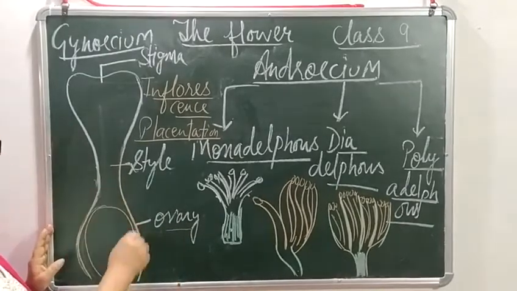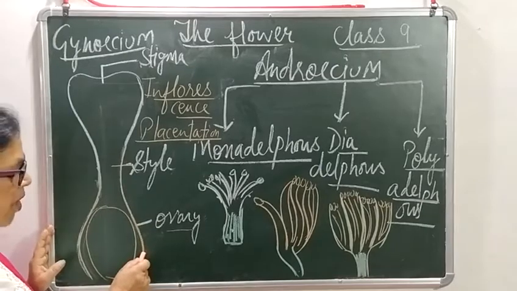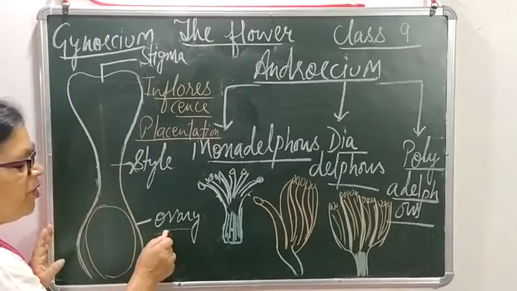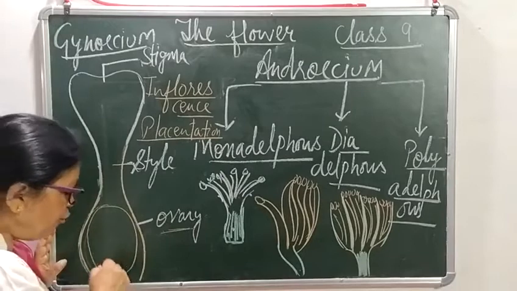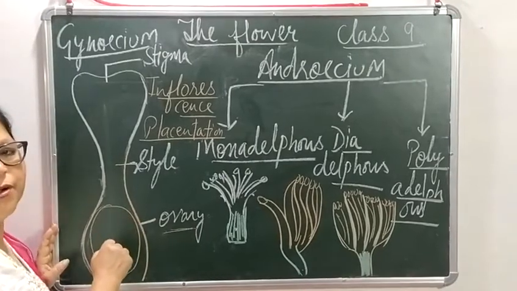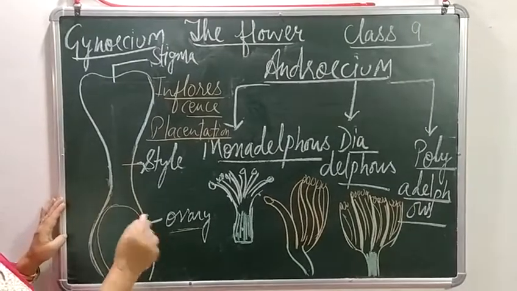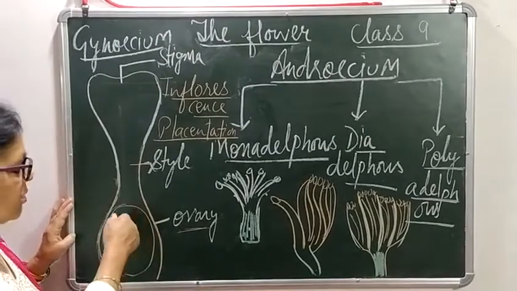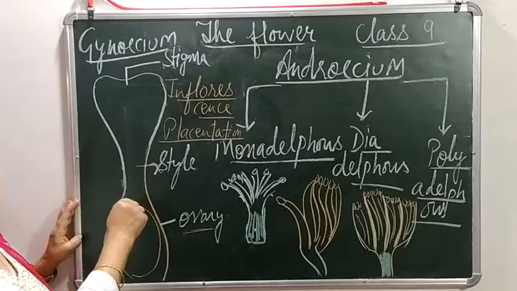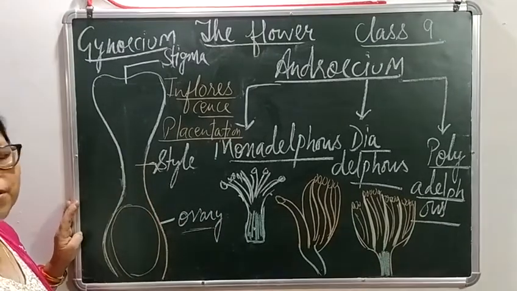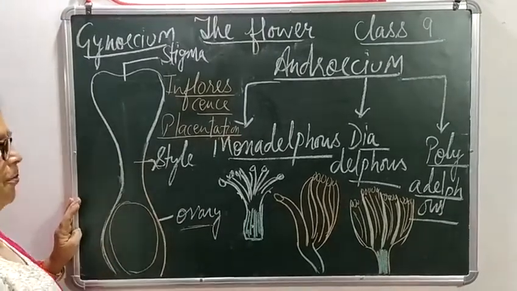When fertilization takes place, the ovary will develop into fruit, and the ovule inside will develop into a seed. In case there is only one ovule present, a one-seeded fruit will be formed. In case there are many ovules present, then many seeds are formed in a fruit after fertilization.